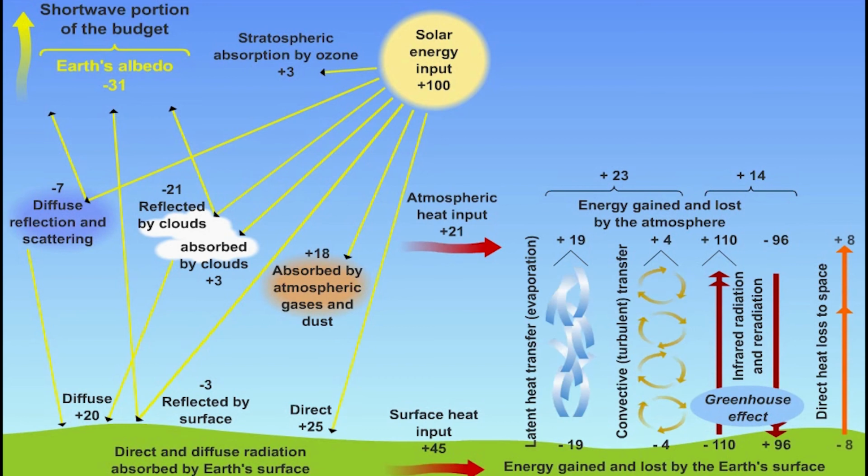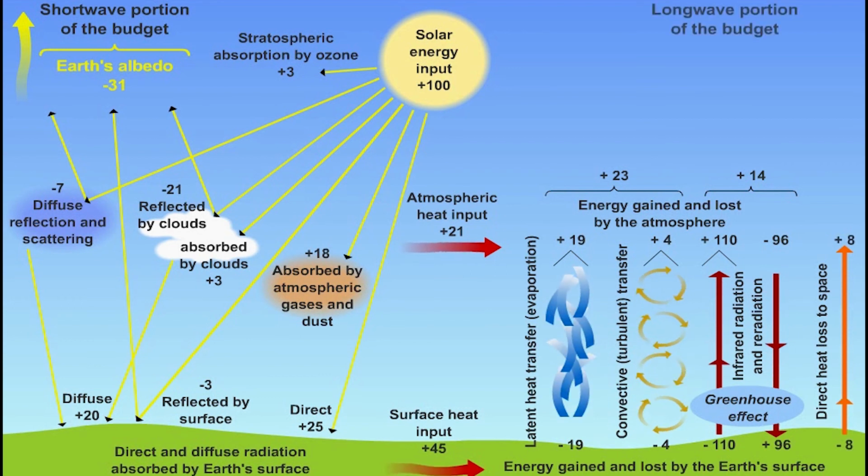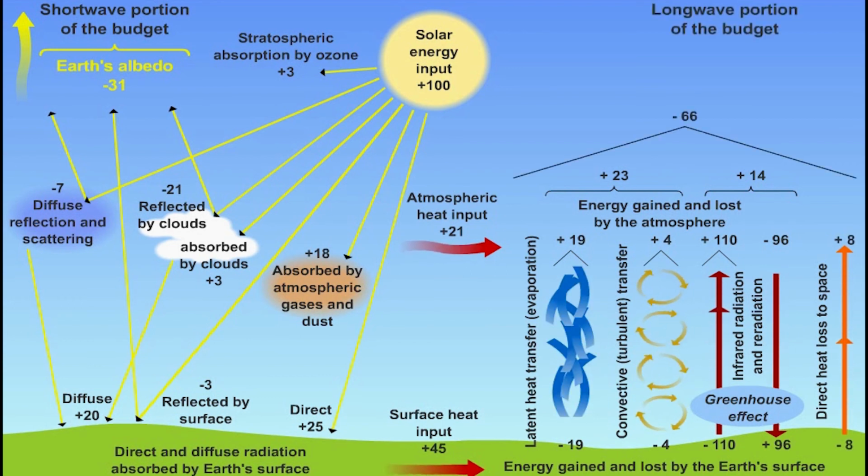Okay, keep with me. Let's have a look then at the net effect of this long wave portion of the budget in relation to the whole energy budget of the Earth. Okay, so we've said if we add all of that up, so there's 66 units essentially net lost from the Earth's surface. All right, got that?